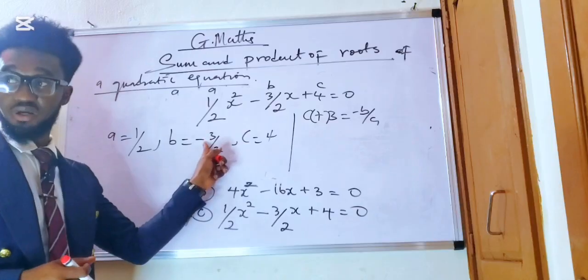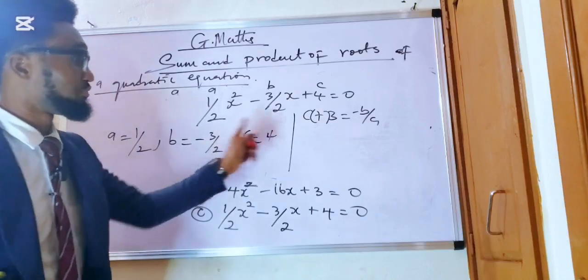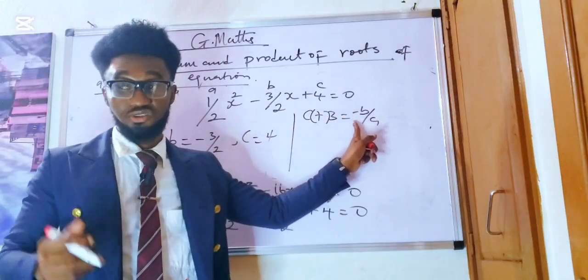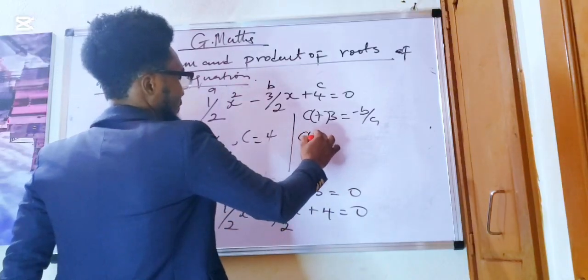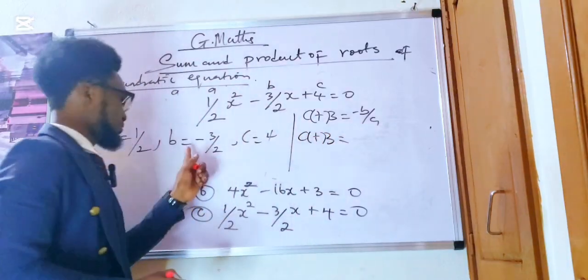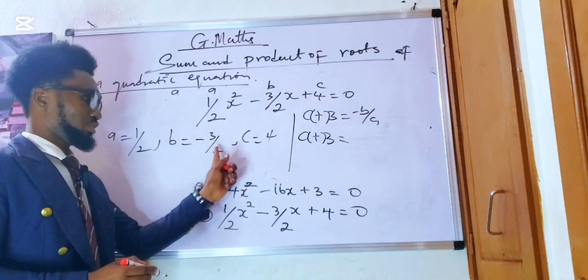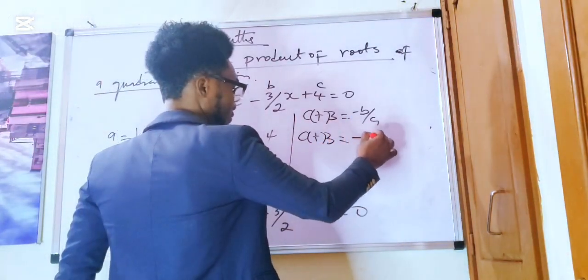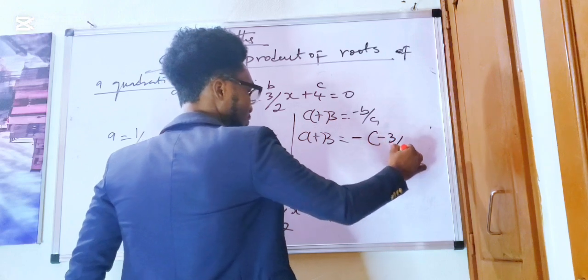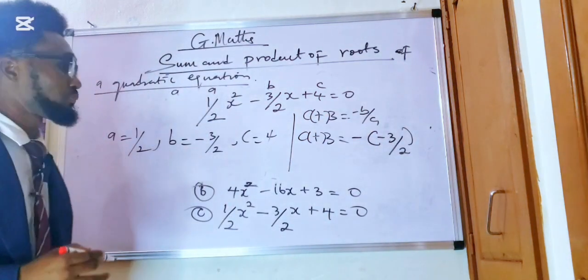B is minus 3 over 2. Remember that from your formula you have minus, just as I said before. So we have the alpha plus beta. Now we substitute. Since b is minus 3 over 2 and I have an initial minus sign here, I will put a minus first before the minus 3 over 2. That's what I will do.